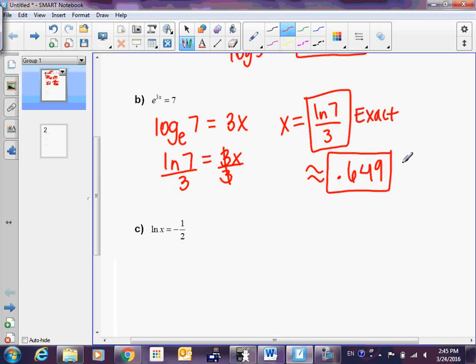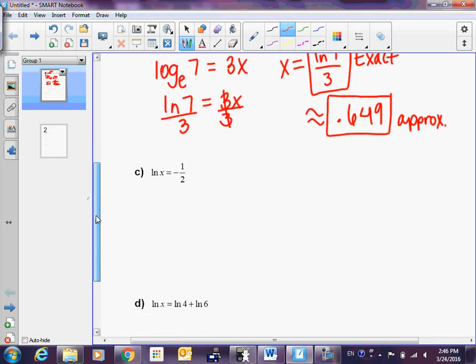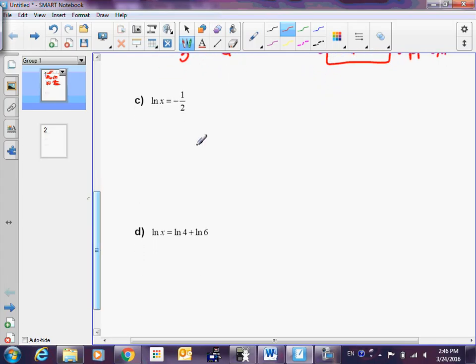This right here is my approximate answer. What's the other way I could have gotten the approximate answer? In the very beginning, if it didn't even say exact, if all it wanted was the approximate answer, I could have just done y1, y2, found the intersection. I'm not going to show that on every single problem.